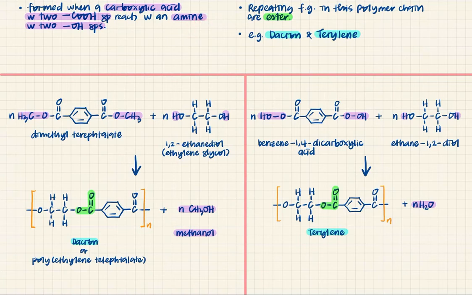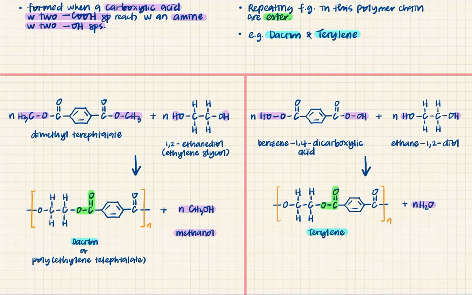I think this is an ester, COOCH3. So you will remove OCH3 and H, which form your eliminated byproduct, methanol. So here you will form the functional group ester in Dacron.